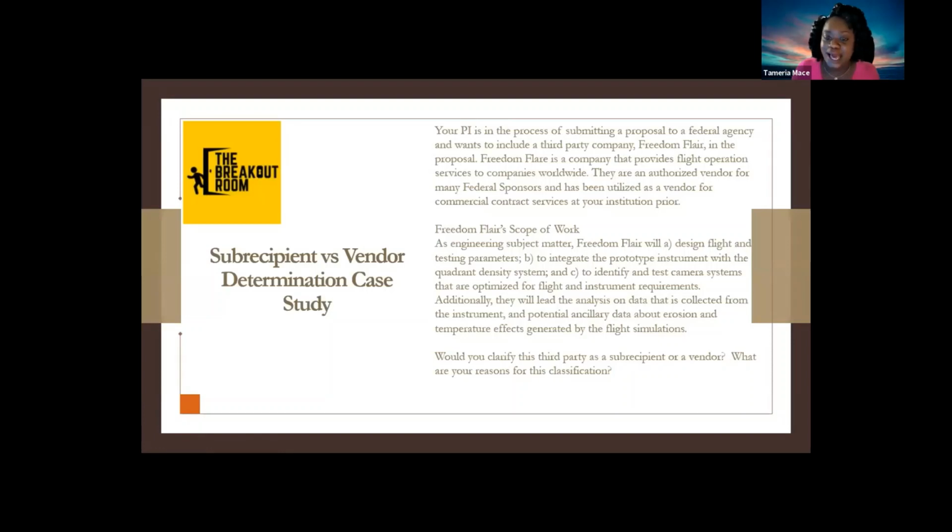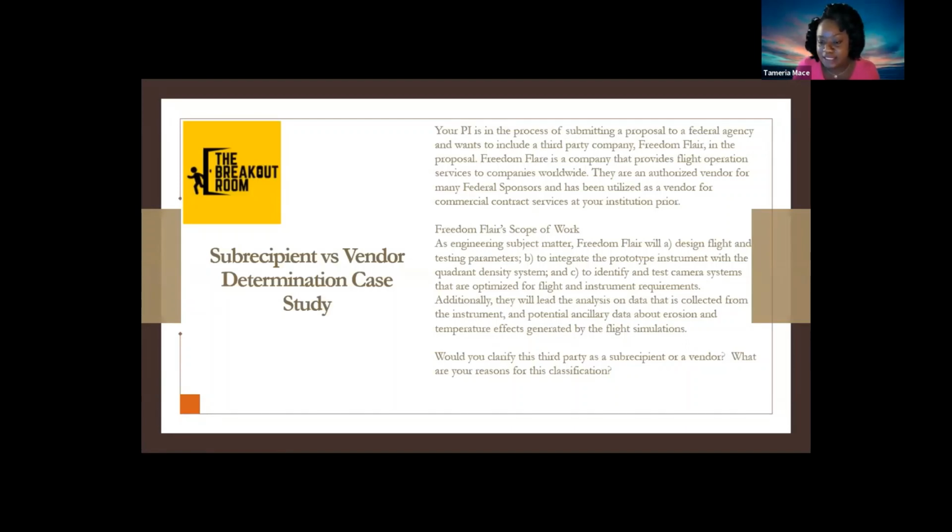It was very tricky, because again, this particular entity has been used as a vendor. This particular entity does provide these services commercially. However, you really needed more information to make this determination.